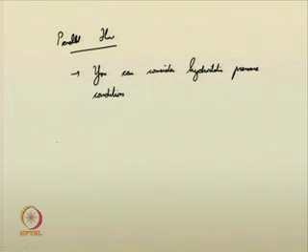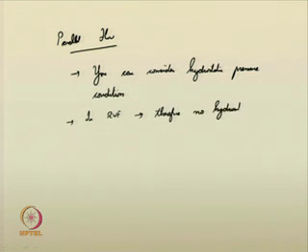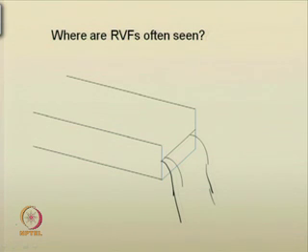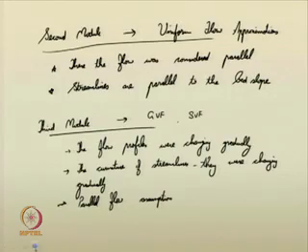But in rapidly varied flow, you do not have parallel flow. Therefore, no hydrostatic pressure. So, you may have to use a different theory there. Actually, our question was, where do you often see rapidly varied flow?